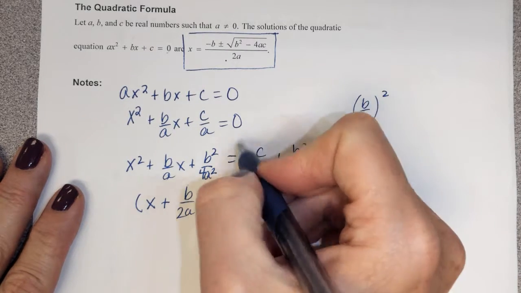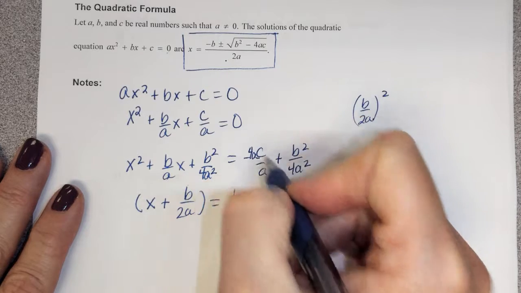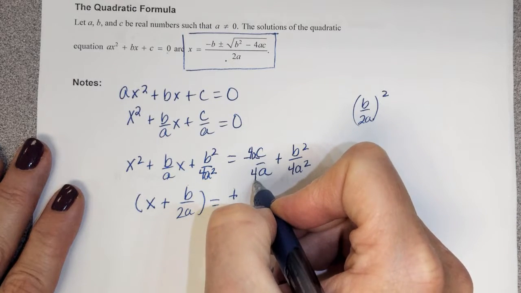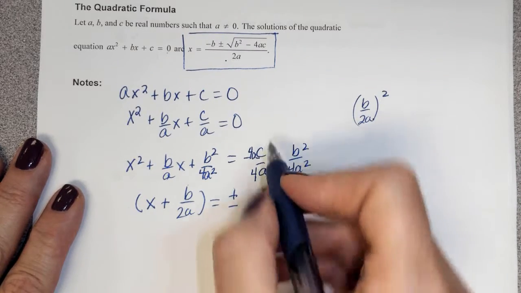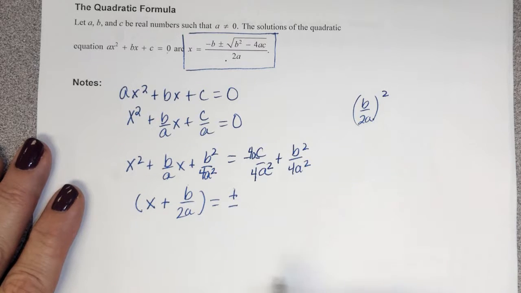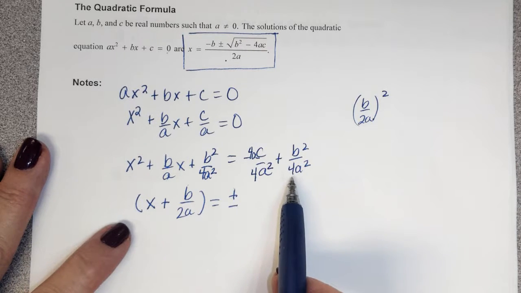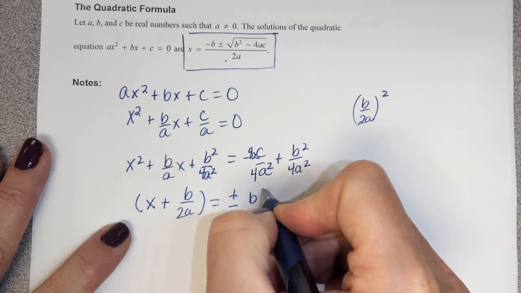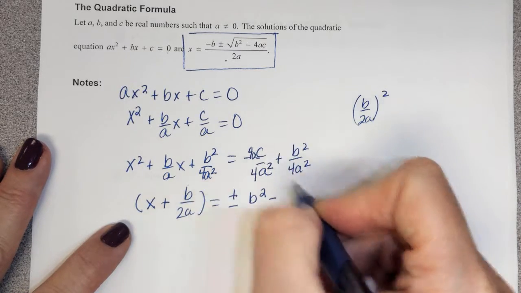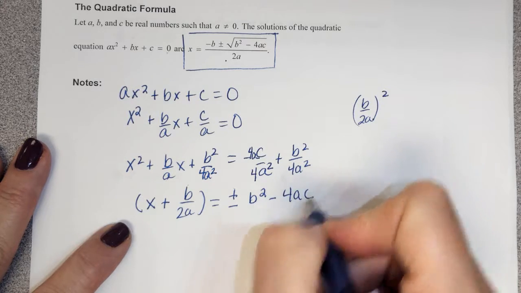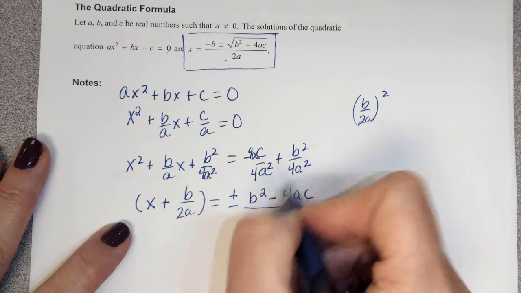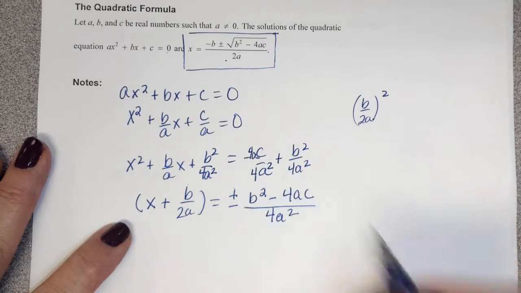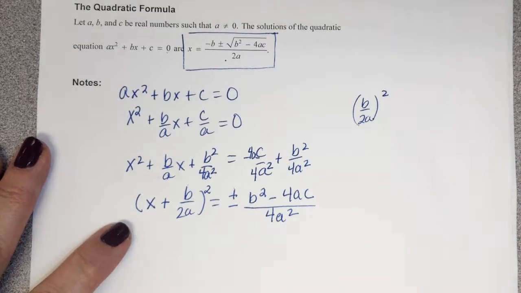So I'm going to have to multiply this by 4a on the top and by 4a on the bottom. So now I would have this. So look at what I've got over here. I've got b squared minus 4ac, and what's that all over? 4a squared. This is quantity squared here.